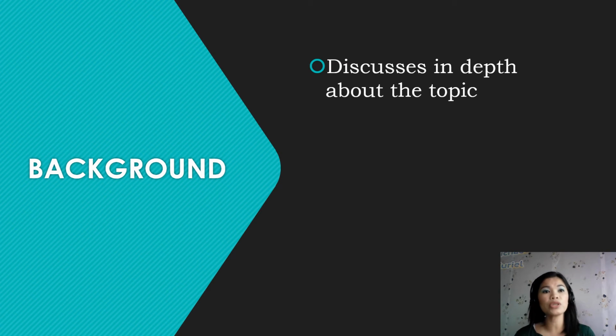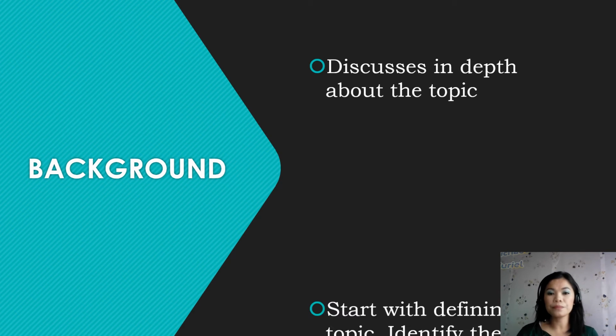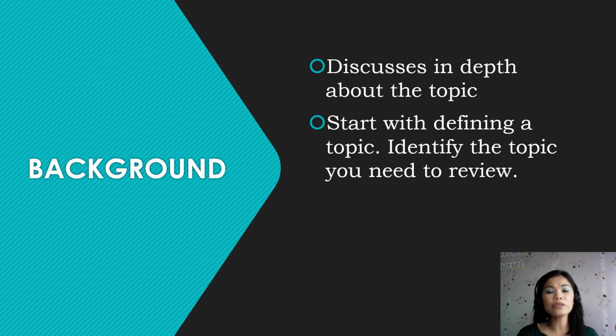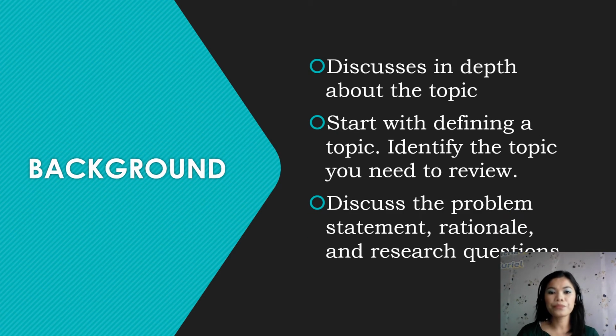This is the portion in which you're going to specify the information that you have put in the introduction. Then start with defining a topic. Identify the topic you need to review. So you have to define your topic, what it is all about, and then identify the topic that you need to review. Then discuss the problem statement, rationale, and research questions.